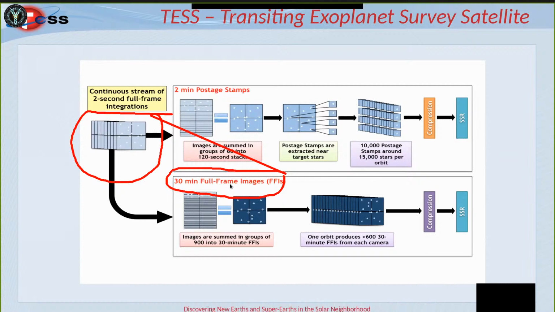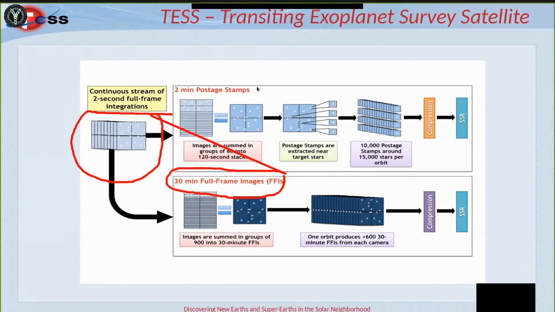And because of the primary science goal to discover and characterize transiting exoplanets, the engineers included 2-minute exposures as well, where only six of these elementary frames are stacked. But here, not the full frame is downloaded, only pre-selected stars.